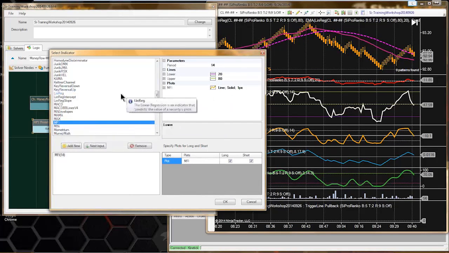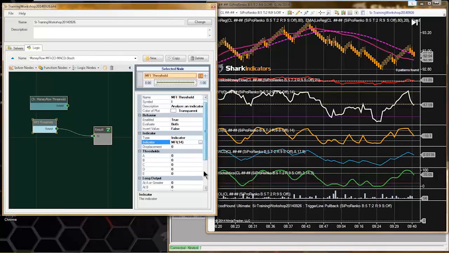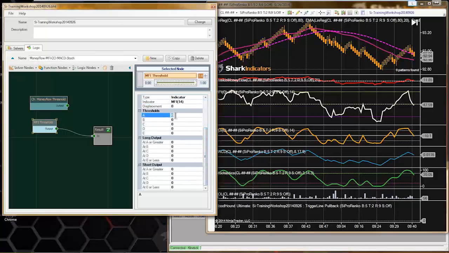There we go, MFI, and that is also a 14 period, so we're primarily using the default settings. Alright, so since we're using the 50 line as our threshold, let's set all of these to 50. And we're going to set all of our thresholds to 50.